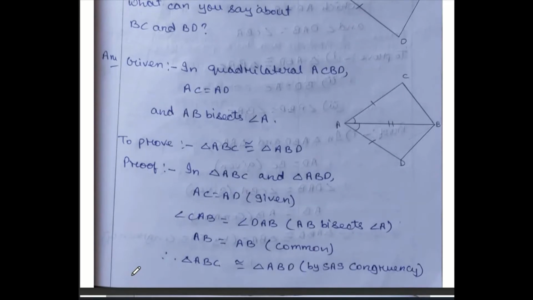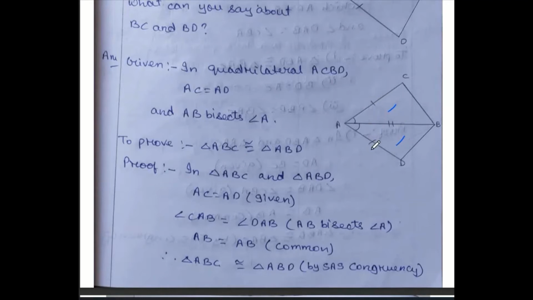Now look, how to prove both the triangles are congruent. One triangle is ABC, this one. Another triangle is ABD. One is the upper one, another is the bottom one. I have to make them congruent. See, these two are already given equal.